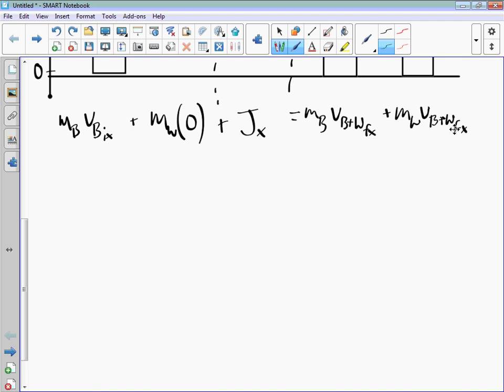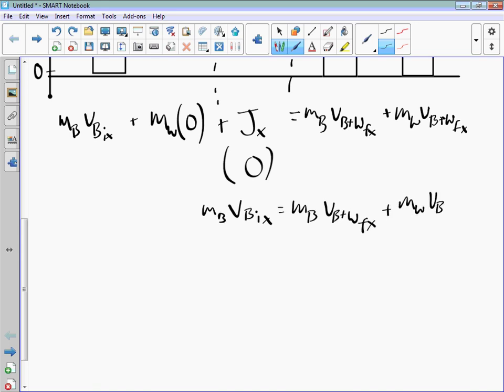Besides the wood and the bullet, we know of no external forces, so our impulse ends up being 0 as well. So the equation that we end up with is mass of bullet, velocity of bullet initially in the x direction is equal to mass of bullet, velocity of bullet plus wood final in the x direction, plus mass of wood, velocity of bullet plus wood final in the x direction.